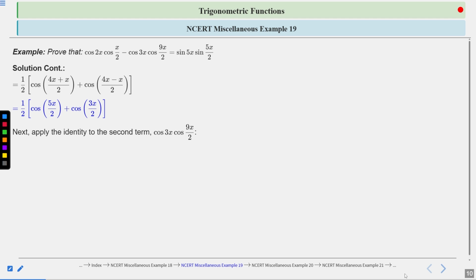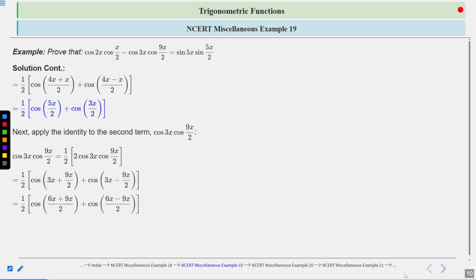Next, apply the identity to the second term, which is cos 3x into cos 9x by 2. It is equal to 1 by 2 times 2 cos 3x into cos 9x by 2, which is equal to 1 by 2 times cos 3x plus 9x by 2 plus cos 3x minus 9x by 2.